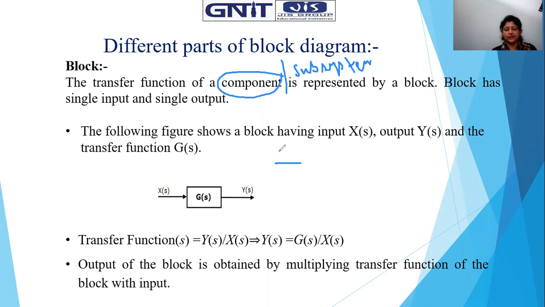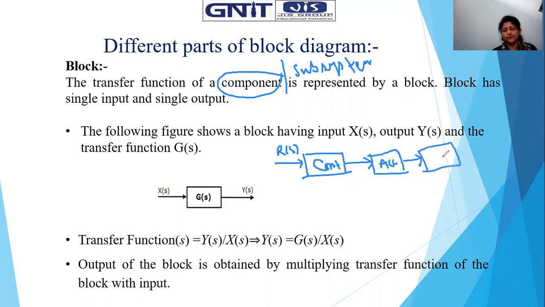In the forward part, the signal R(s) comes first to the controller, then generally to the actuator, then to the final controlling unit, and then to the process plant.